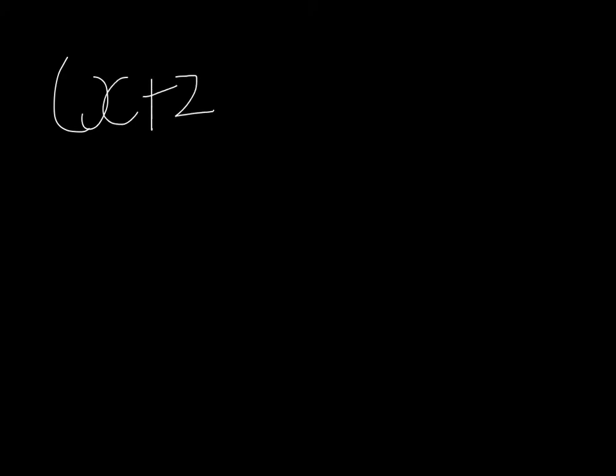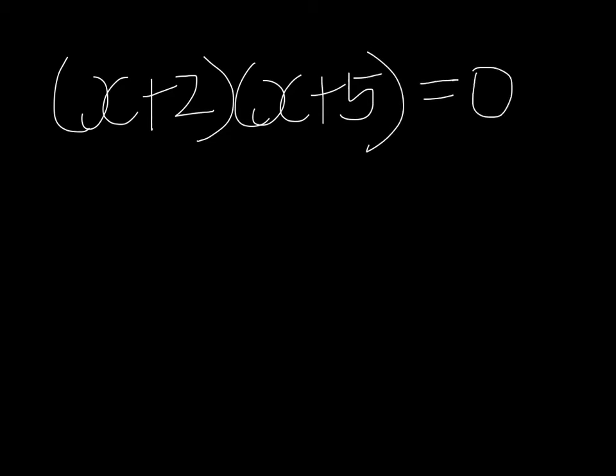x plus 2 times x plus 5, but this time we know that that's equal to 0. Now, because that's equal to 0, we know when we multiply any two items together and the answer is 0, either the first term is 0 or the second term is 0.